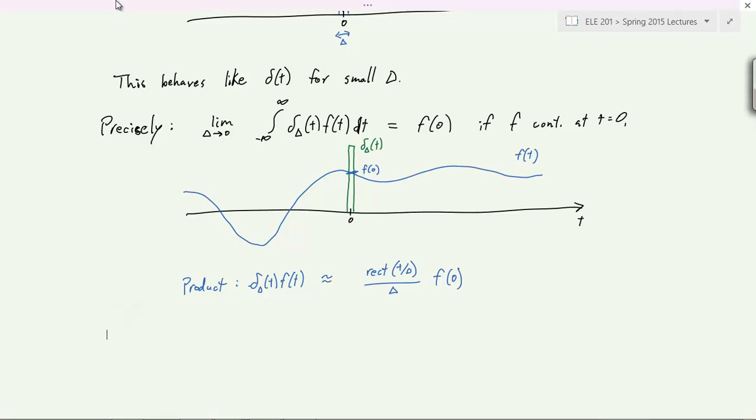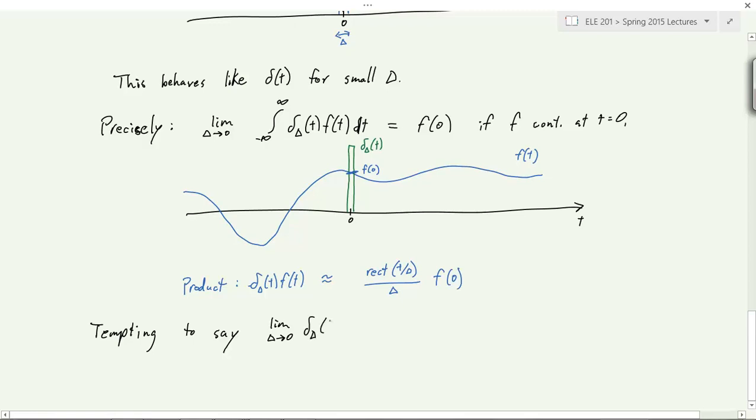So a lot of people like to say, you can incorrectly claim that you could take the limit of these functions, the limit as delta goes to 0 of this thing.